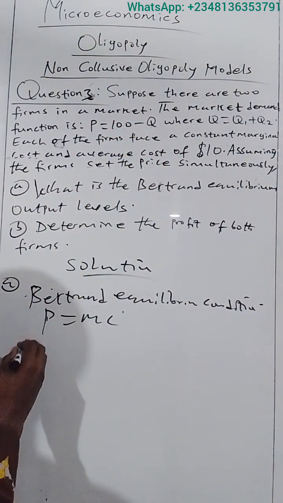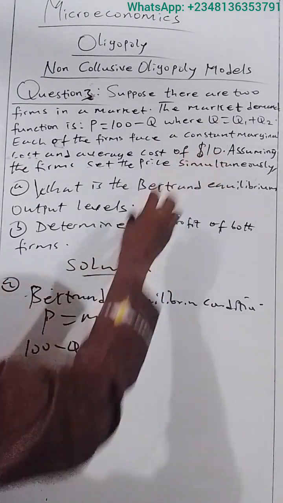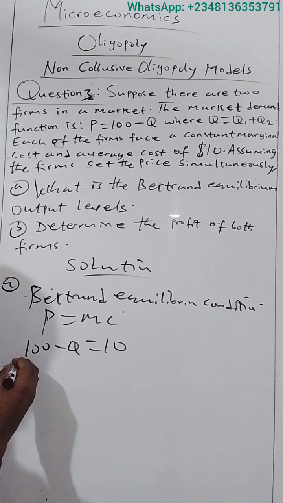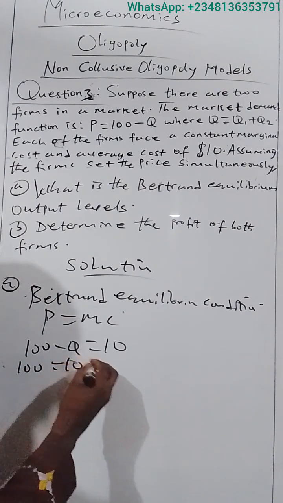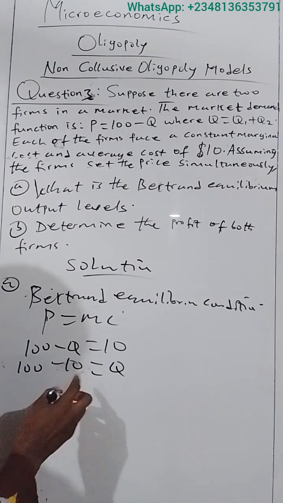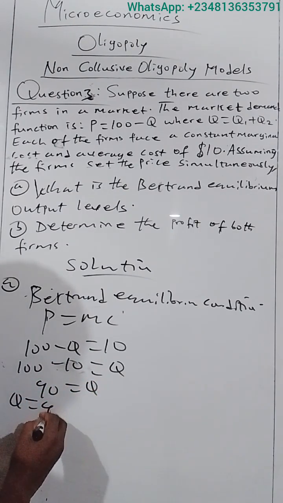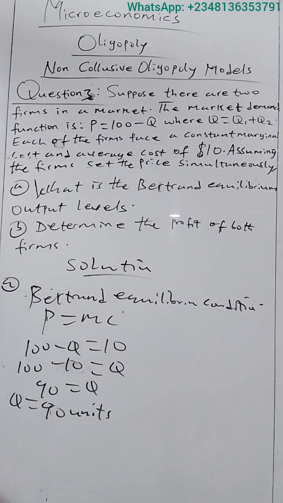So P is equal to 100 minus Q. Then what is our MC? Our MC is 10. Then we collect the like terms. So we have 100 minus 10 equals Q. Then we have 90 equals Q, which is Q equals 90. Meaning that the total output in the market is 90.